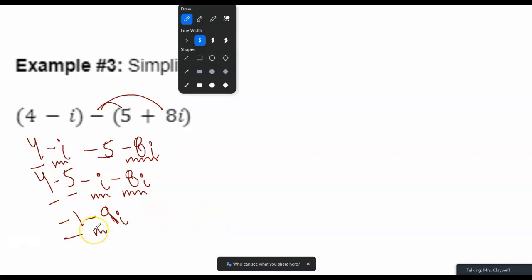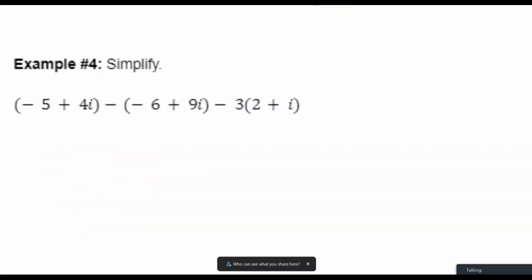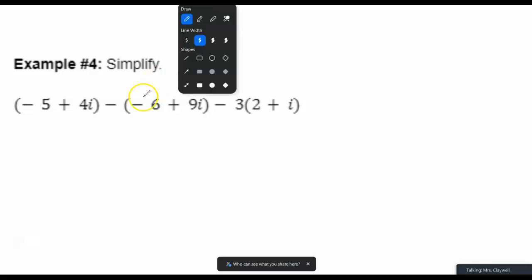So here's your constant, or your real number, and then there's your imaginary number. This one is similar. I just have to distribute this negative and then combine like terms.